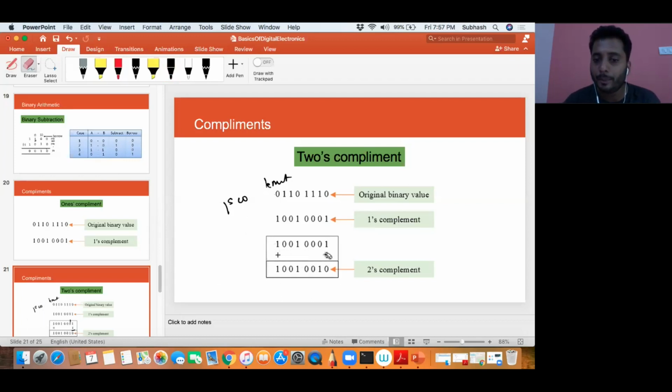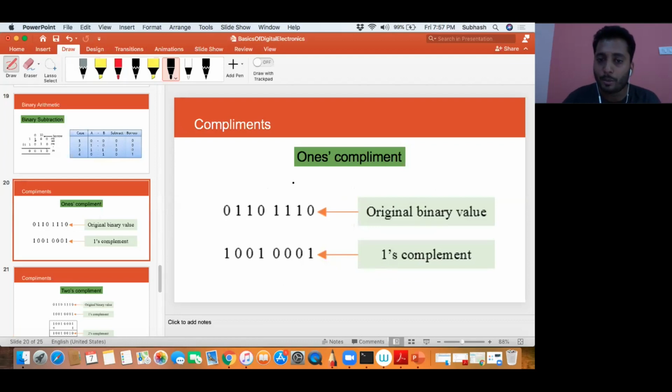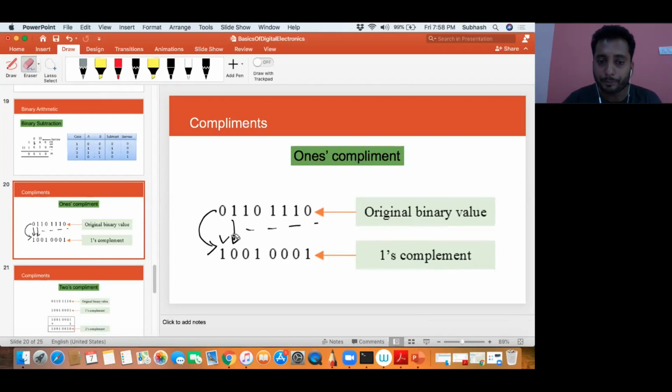I'll repeat once again so that you understand clearly. Let me go back to the slide. What is 1's complement? The reverse of the original binary representation of a number, where 0 becomes 1, 1 becomes 0, and so on. Then what is the 2's complement method?